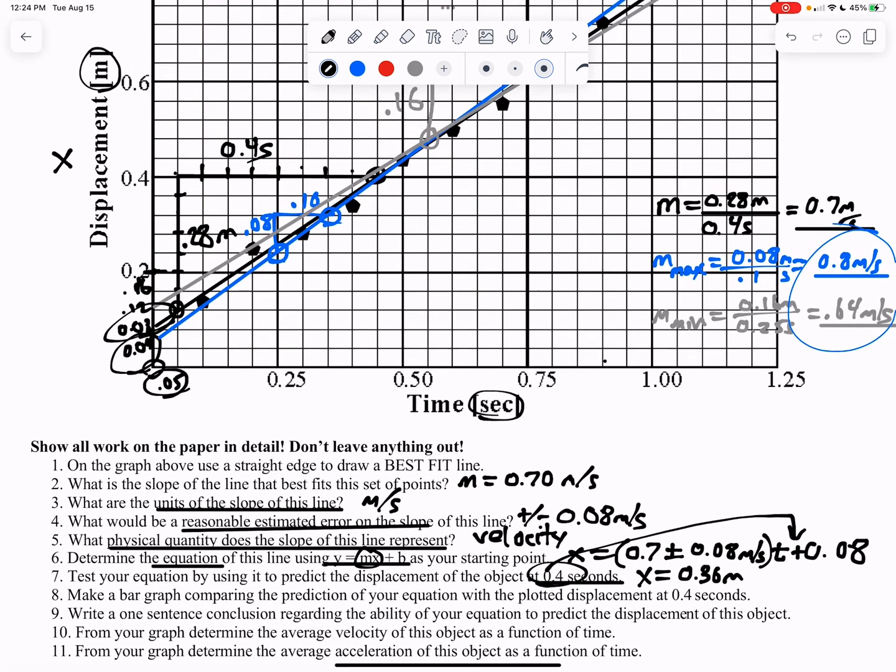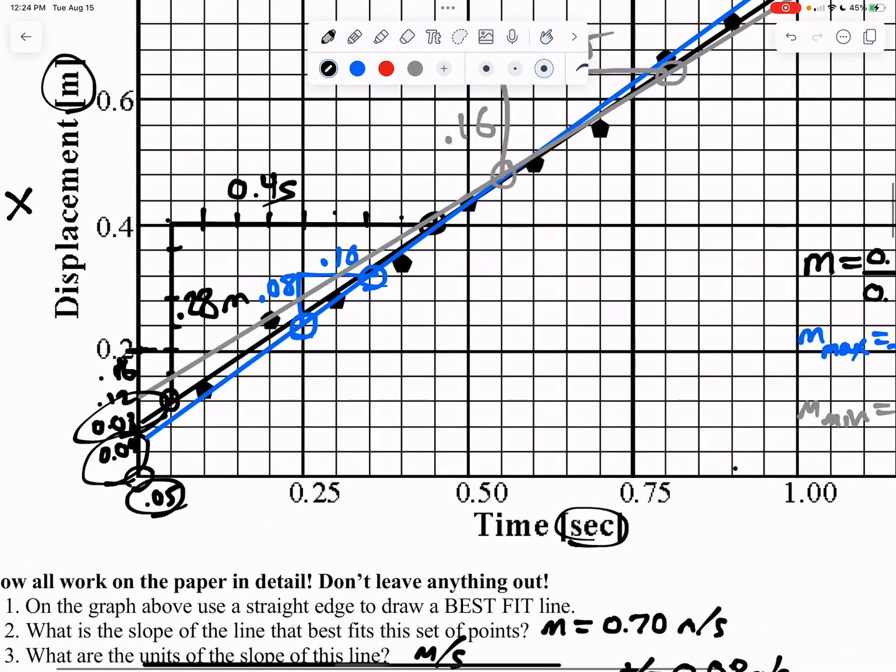And if you go on the graph, you can kind of verify that. You see 0.4 would be about right there. And if I go up to the graph, which would be the black line, and then go over, it's kind of right about there. And that's 0.36 right there on the graph.